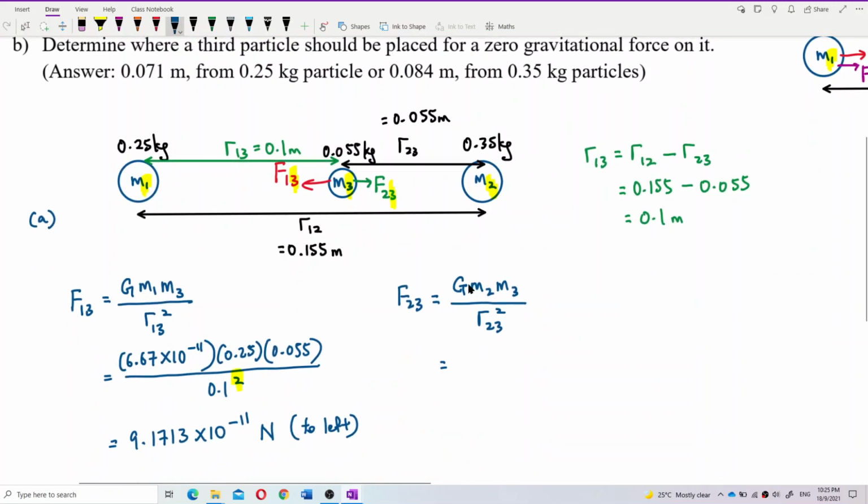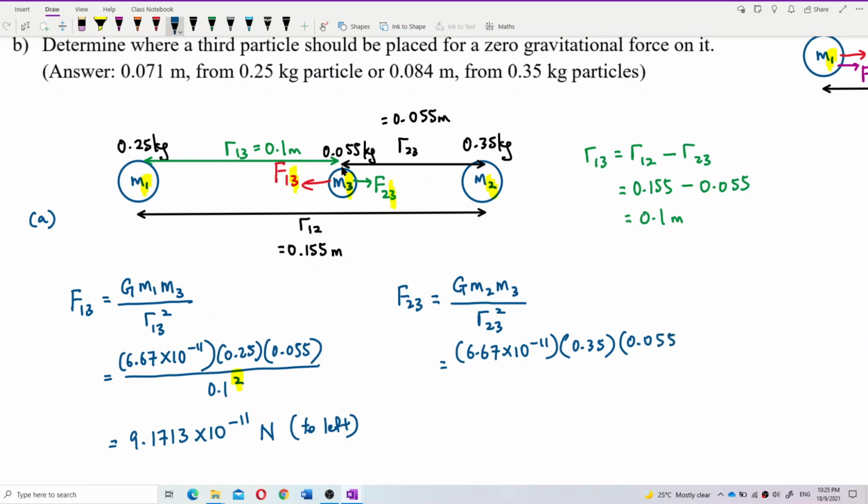Again, the value of G is 6.67 exponent negative 11. And then mass 2. What is mass 2? Mass 2 is 0.35 kilogram. And how about mass 3? Mass 3 is 0.055.